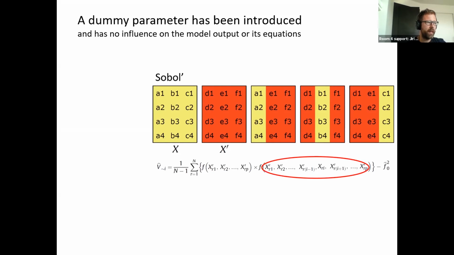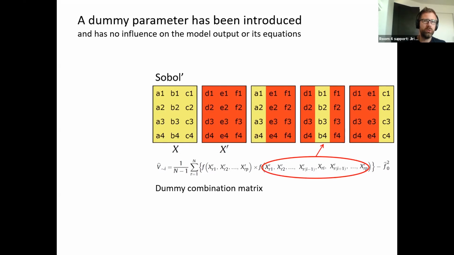Now, within this equation, and now we're getting a little bit into the equations itself, there is this part where we actually take one, so this X_Ri that you see within this ellipse is actually the one that comes from the first matrix. So for example, the one where you point at is this one column of this specific subsample matrix.